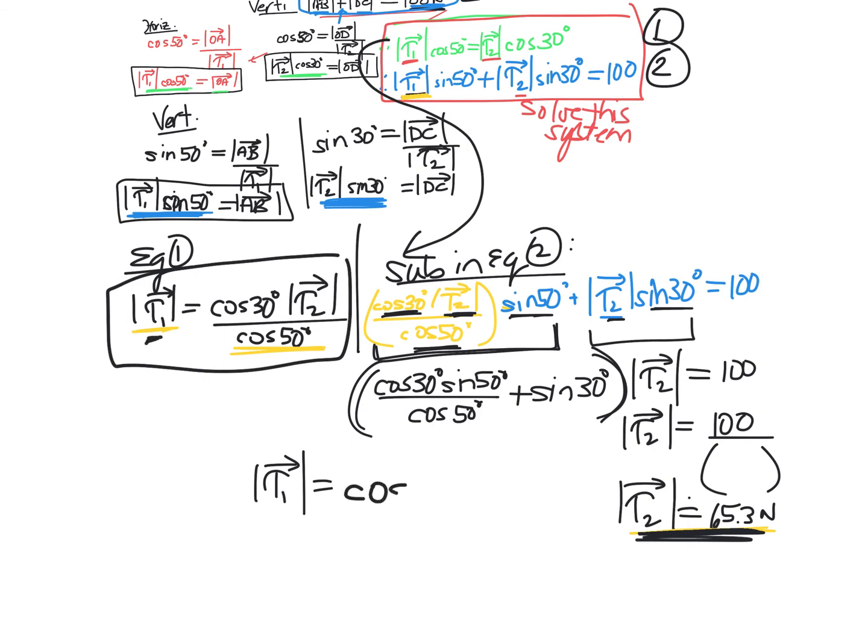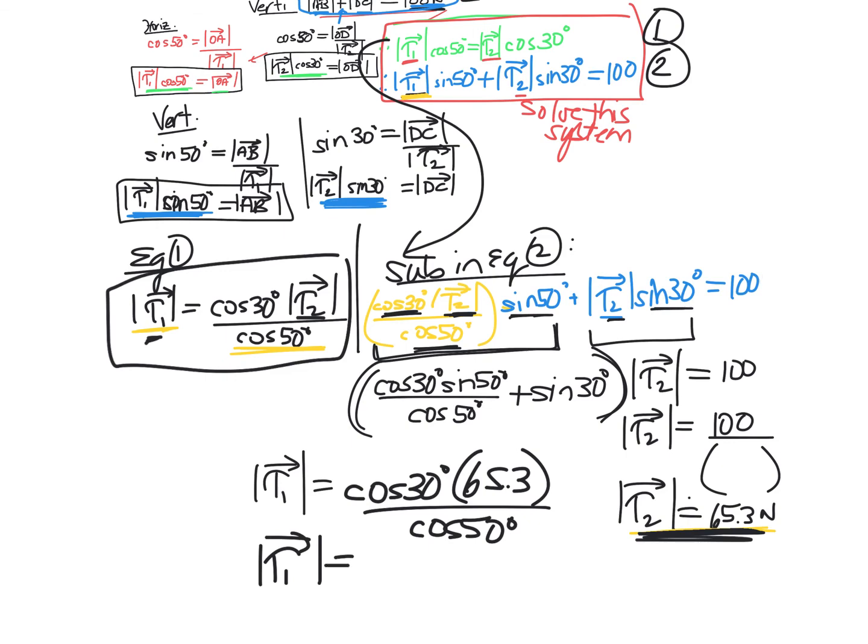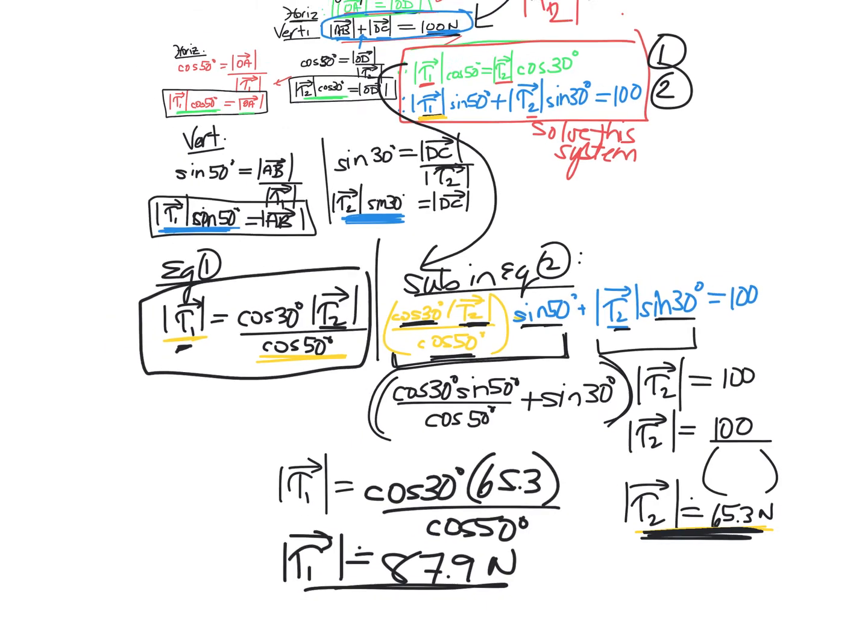So it equals cos 30 degrees times the magnitude of T2, which I now have, divided by cos 50 degrees, and I'll get that the magnitude of the T1 vector is approximately 87.9 newtons.